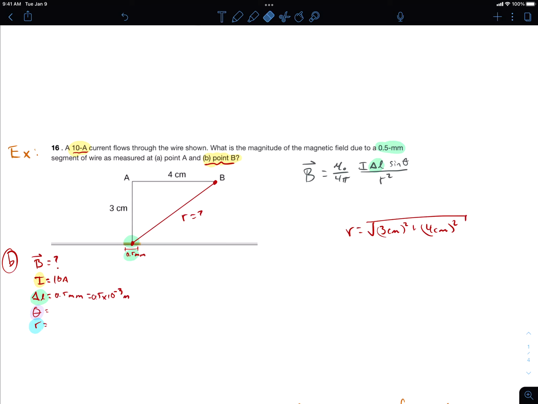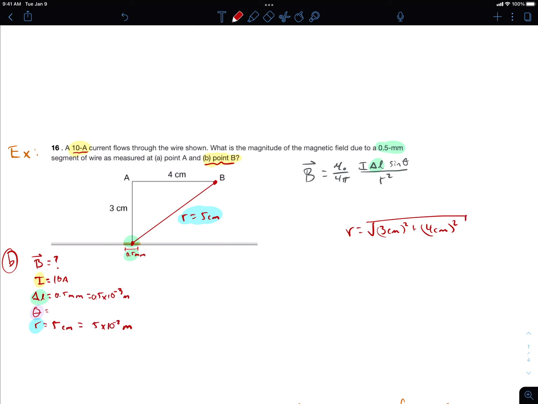So, kind of using a little bit of math trick here, we can skip this step. This will be 5 centimeters. Okay, so my R will be 5 centimeters, and this goes into my formula right here. So this being R is 5 centimeters, which remember is going to be 5 times 10 to the minus 2 meters. Don't forget your conversions in these problems.